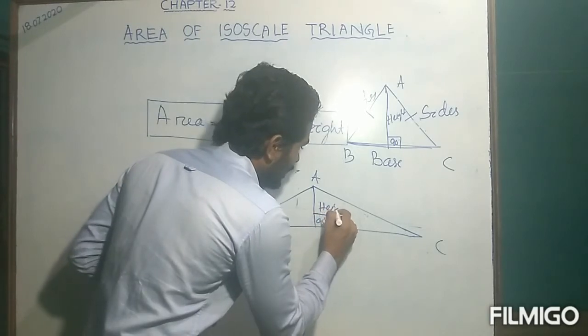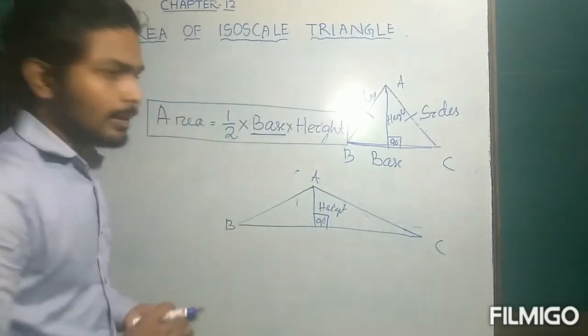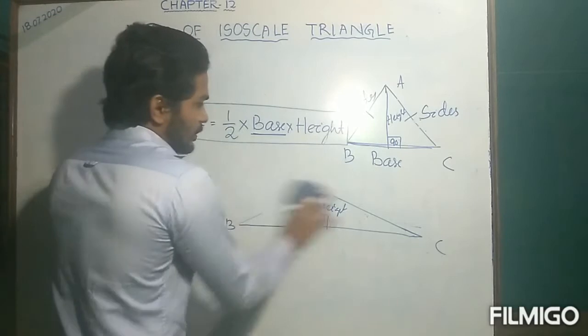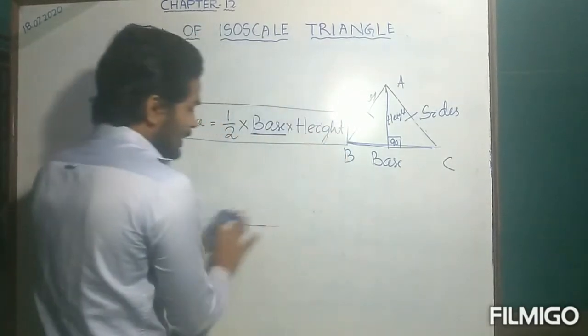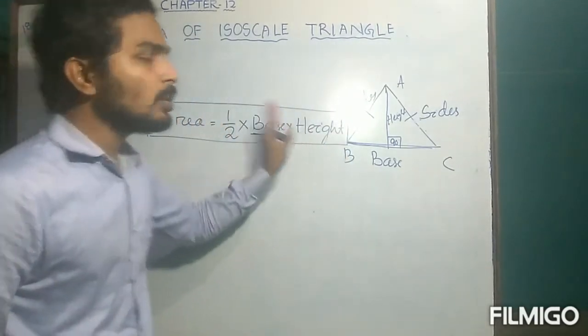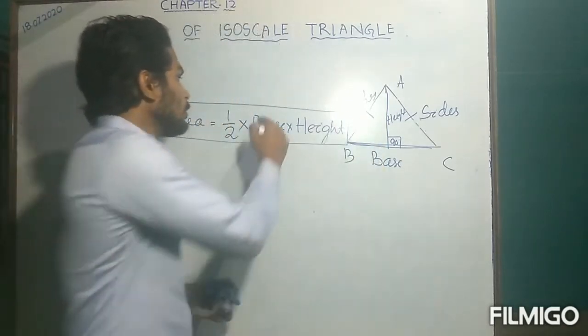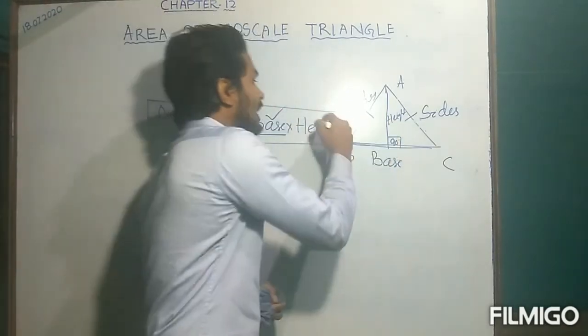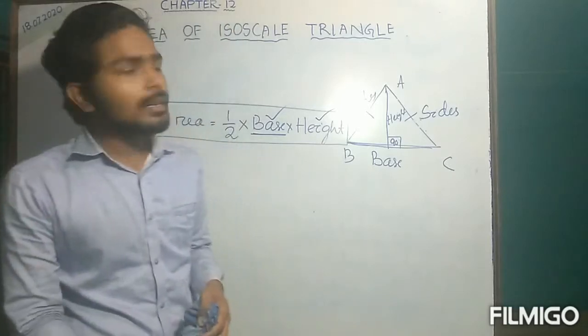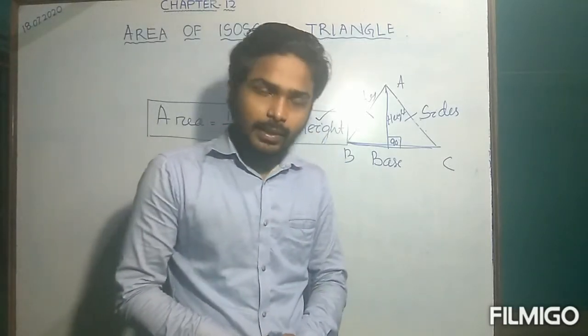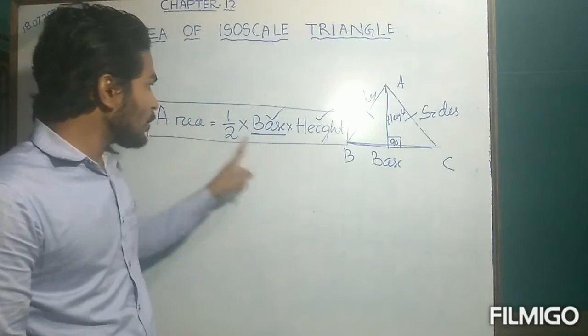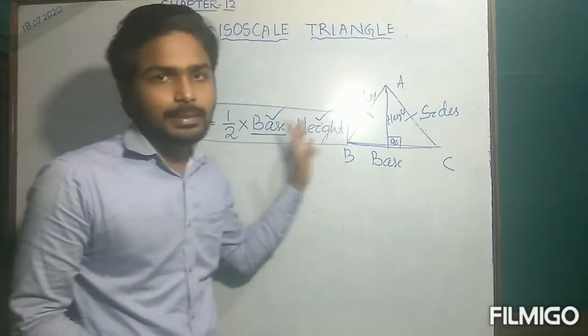So this is the height part. Now clear? So the area of an isosceles triangle is half into base into height. Now we know what the base is, and we can identify the height of the triangle. So in order to find the area, we need these two terms, base and height.